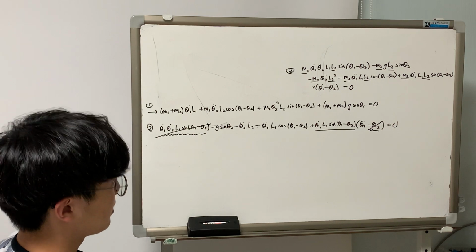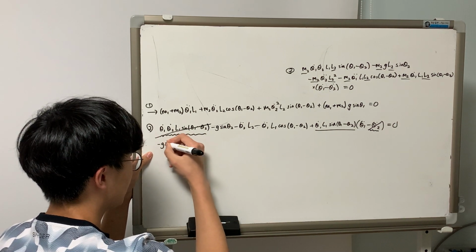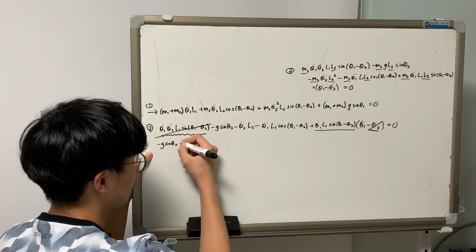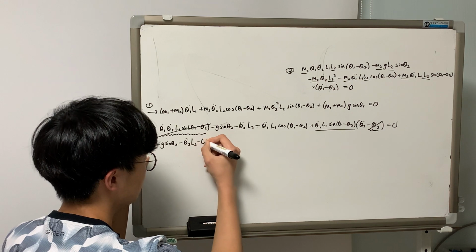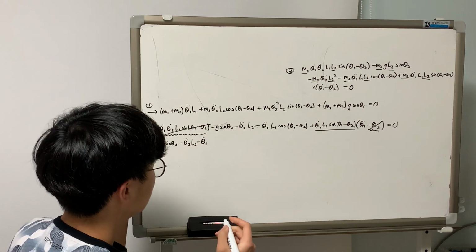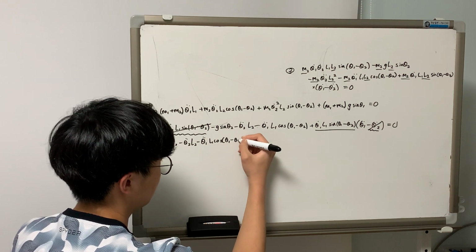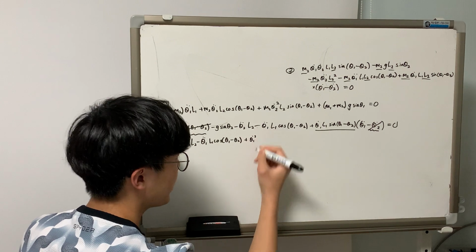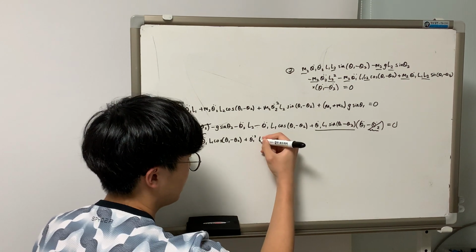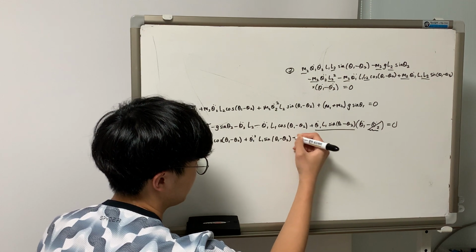And so that's it. When we do that, we have minus g sine, all of these the same as it was. But here we're going to have theta 1 dot squared L1 sine of theta 1 minus theta 2, and that's going to be equal to 0.